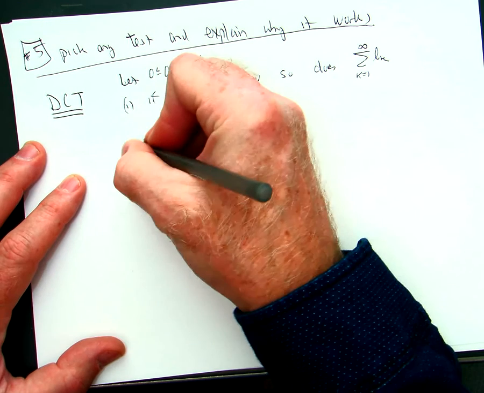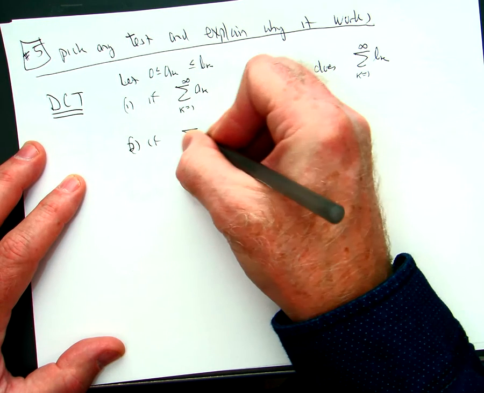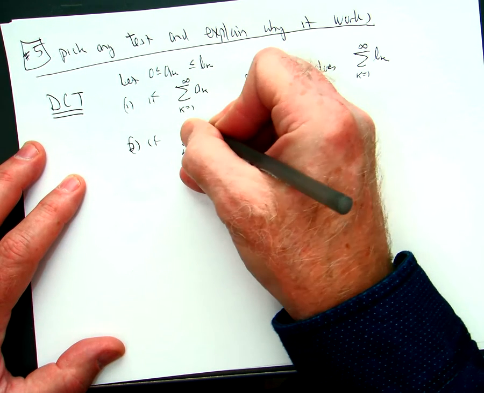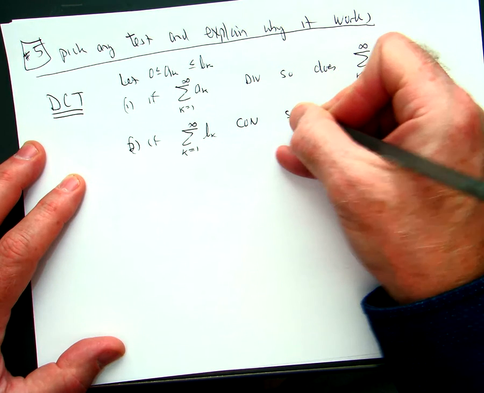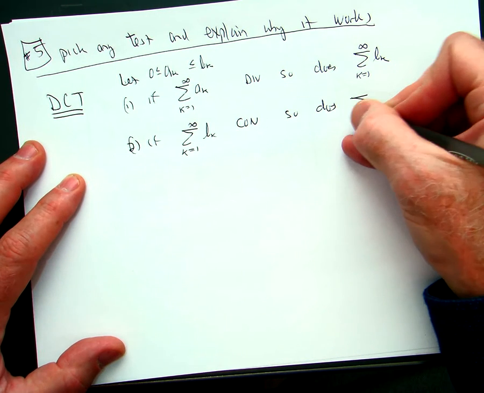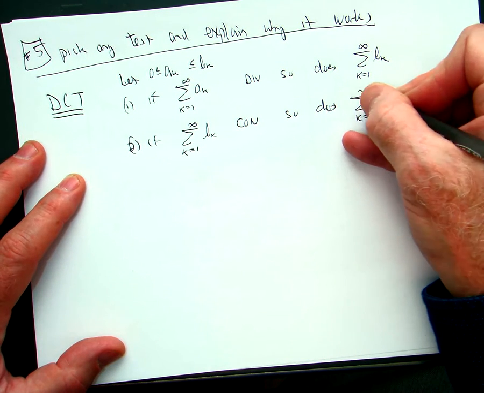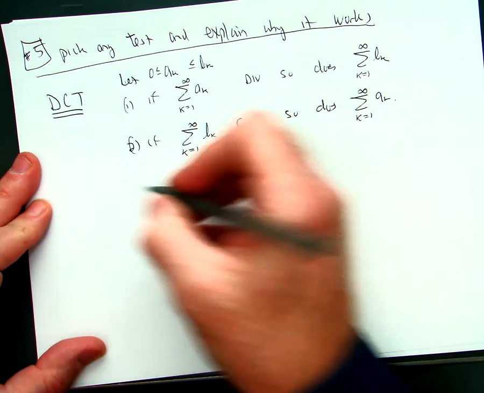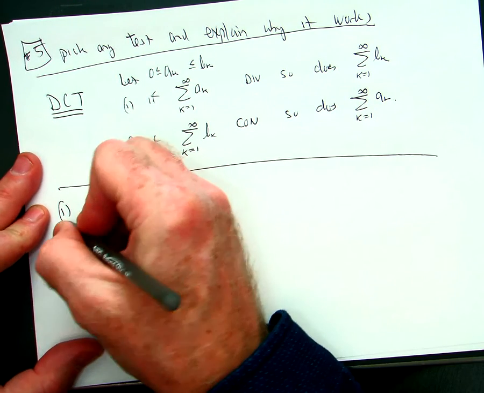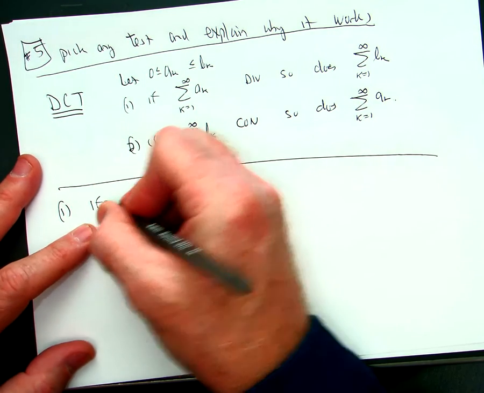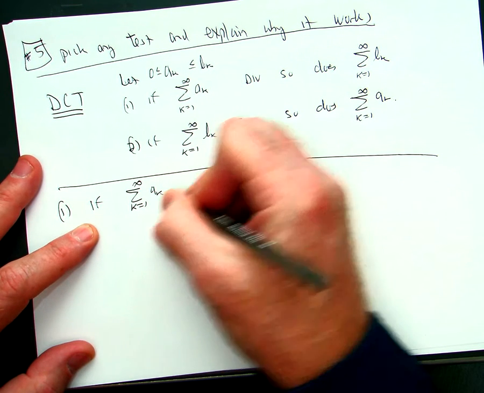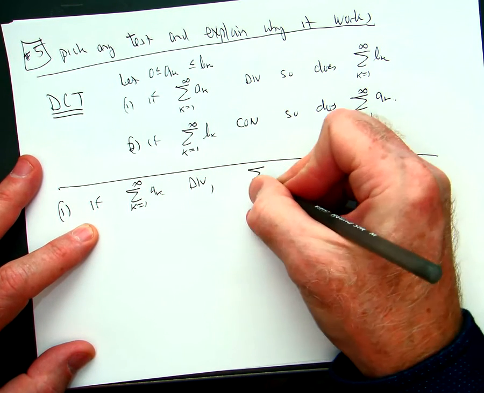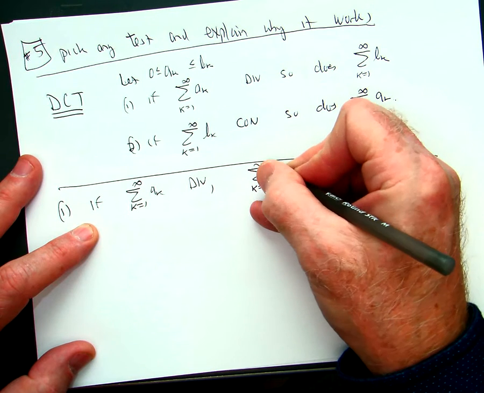And two, that if the sum from k equals 1 to infinity of b_k converges, so does a_k. So I'll do one, and I'm going to say that if a_k diverges, it diverges to infinity because all the terms are positive.